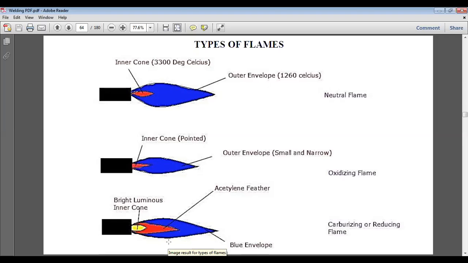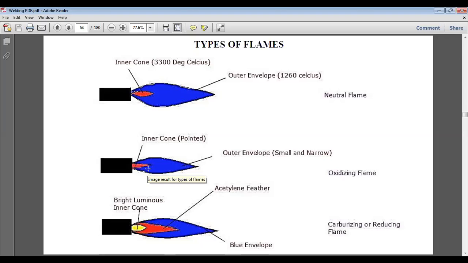These are the types of flames, and they are an important aspect because we use different types of metals in oxyacetylene welding, and then we have different types of flames. When we need high temperature, we use the oxidizing flame for metals that have a high melting or fusion temperature.